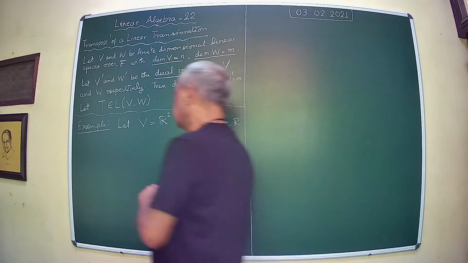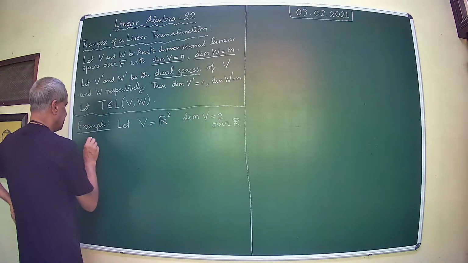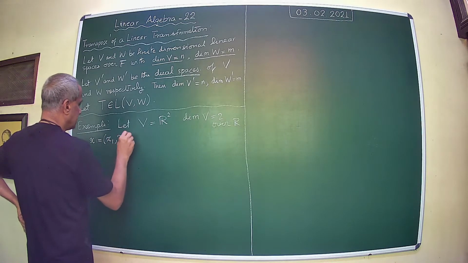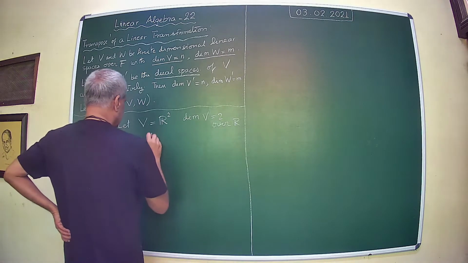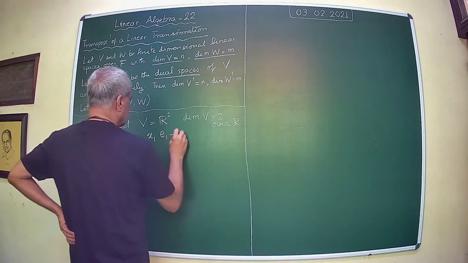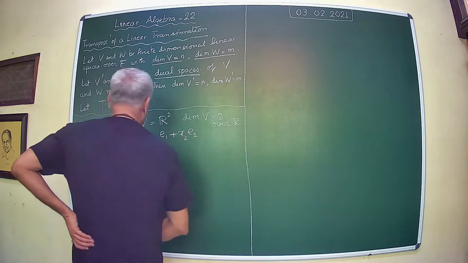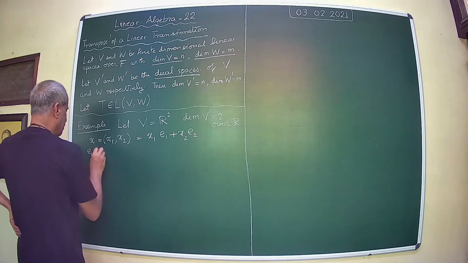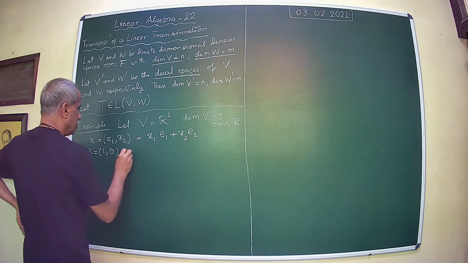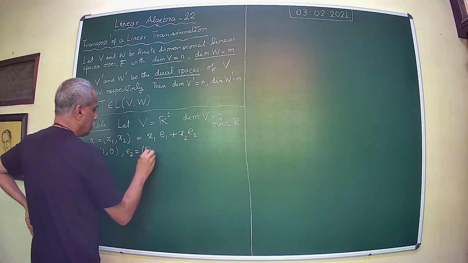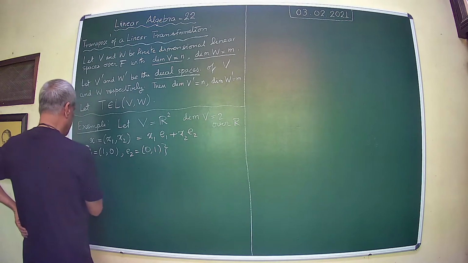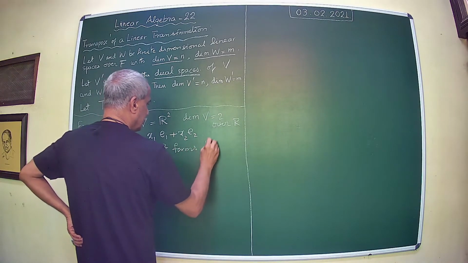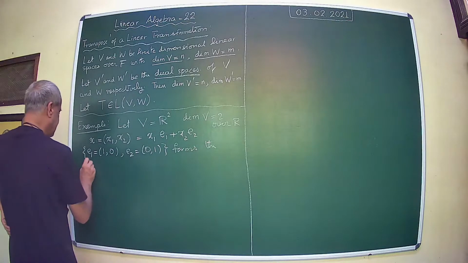Now let a typical element X be designated by X1, X2, which is essentially X1 E1 plus X2 E2, where E1, E2 are the standard basis.